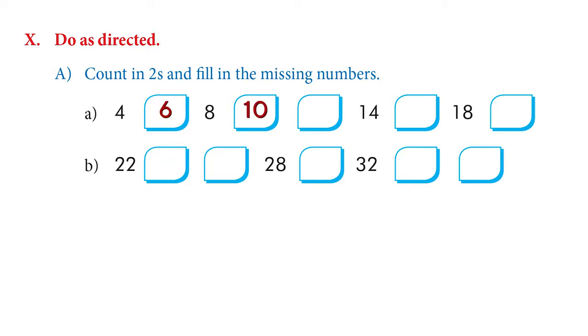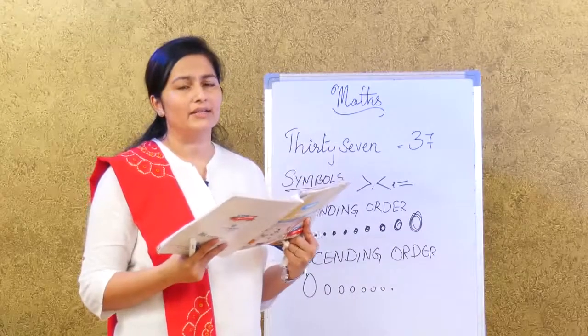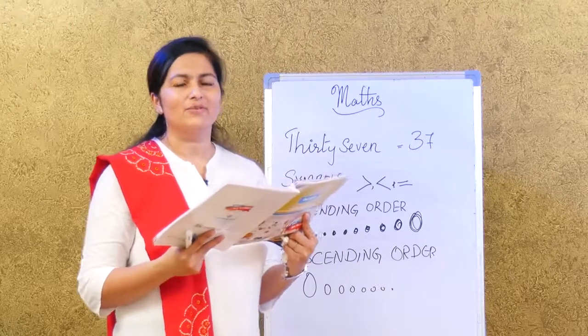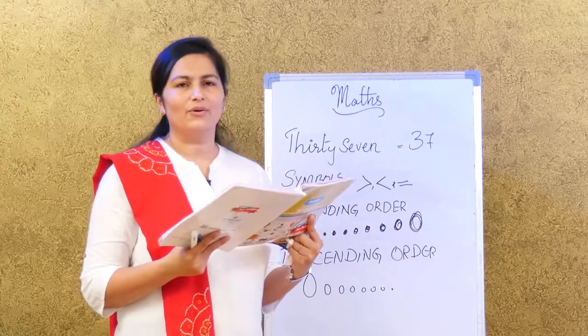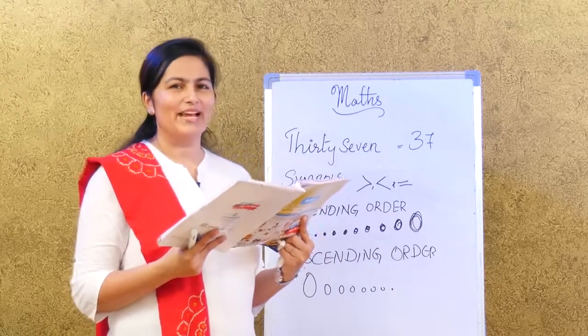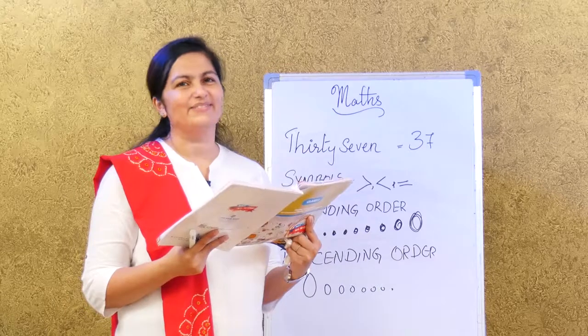So, you can fill in those numbers. 3s, again you count 3 plus 3, 6, 6 plus 3, 9. So, every 3 counts, you will write that number. And the easiest is 5s. It's just easy, 5, 10, 15, 20, 25, yes.